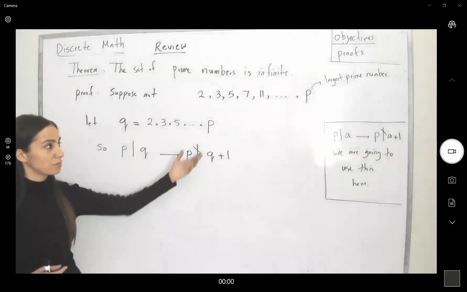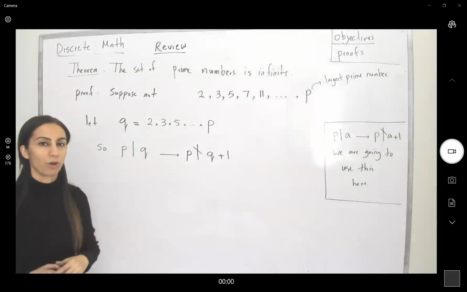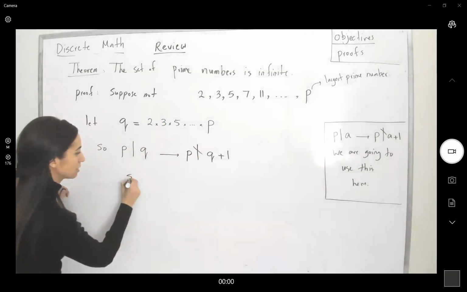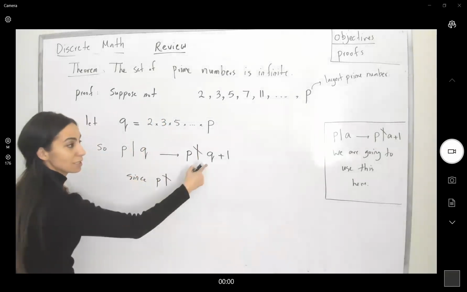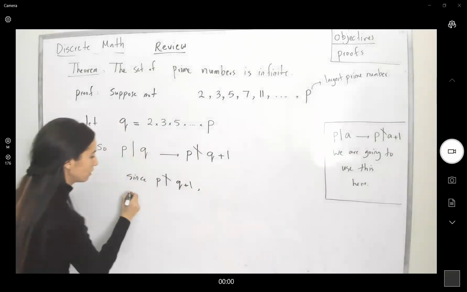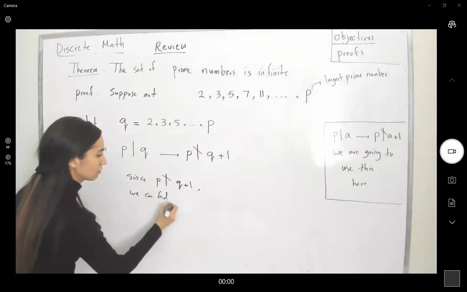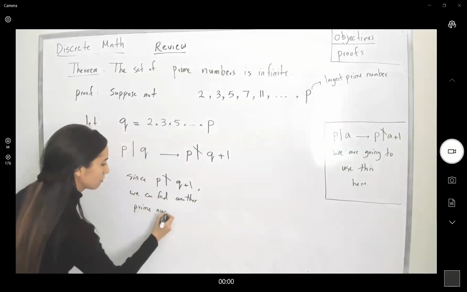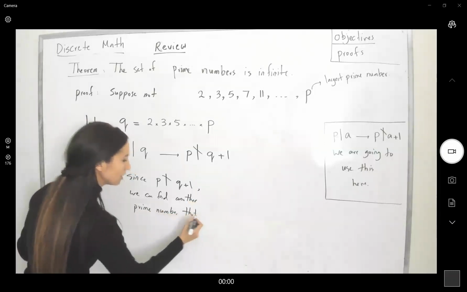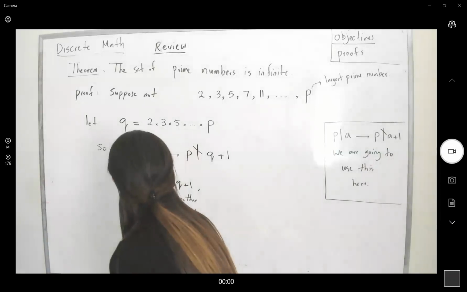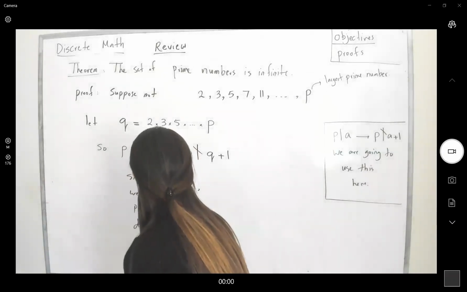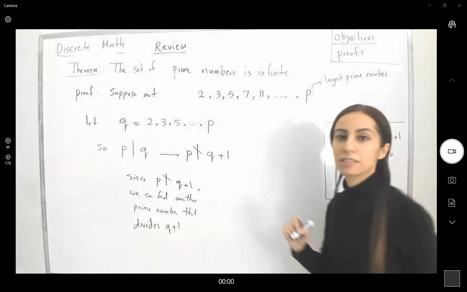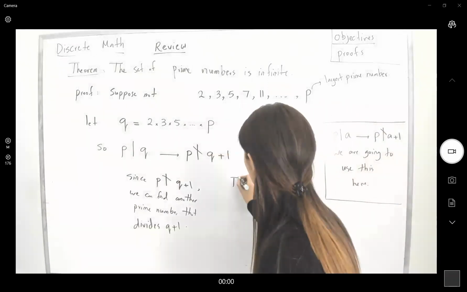It means that this is just a number, Q plus 1. It means that since P doesn't divide Q plus 1, we can find another prime number that divides Q plus 1. And that prime number is greater than P.